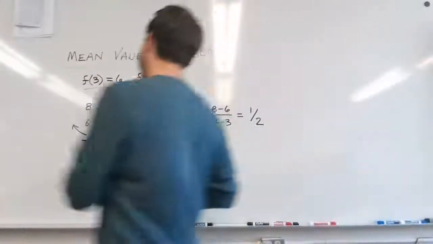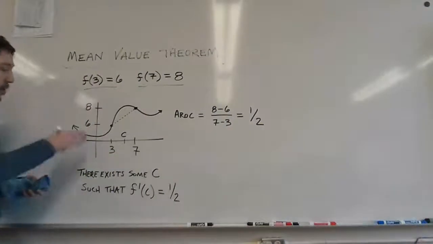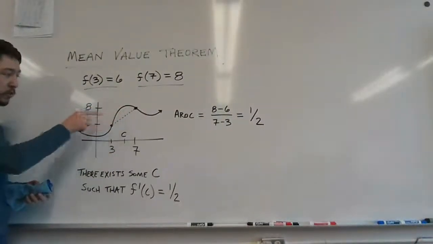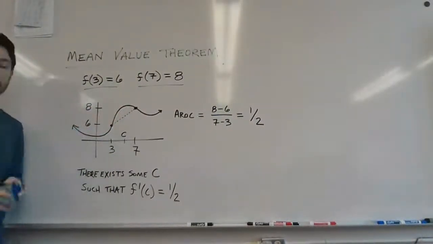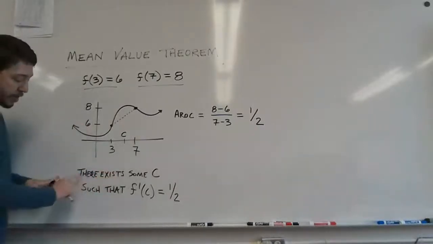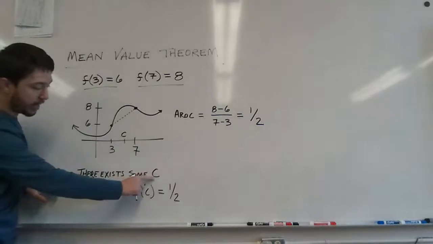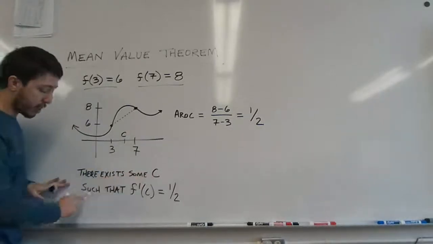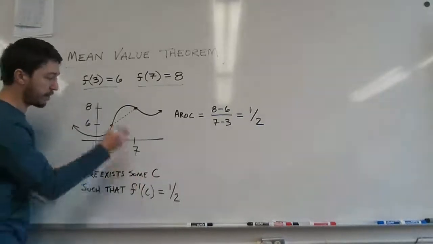Anyway, the intermediate value theorem would say that there must be some point on this curve whose y value is 7. All right, so the way I've drawn this is there must exist some value c. Again, c is just an x value, such that f prime of c is 1/2.